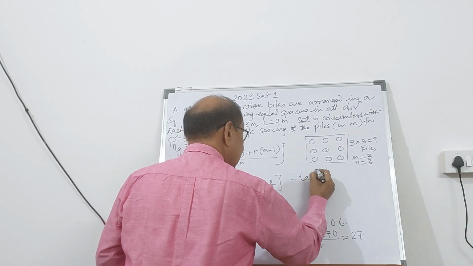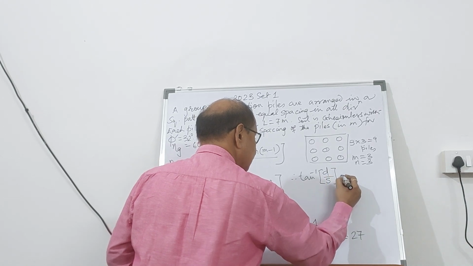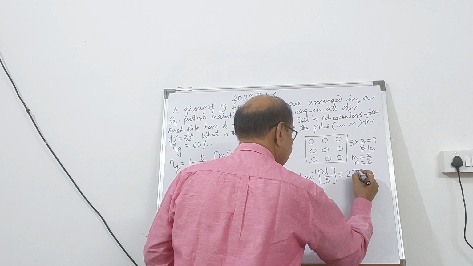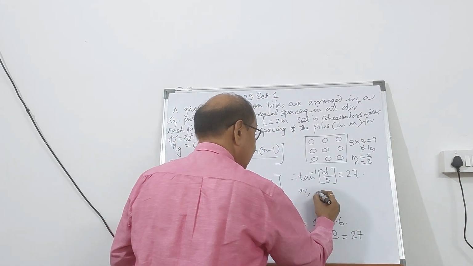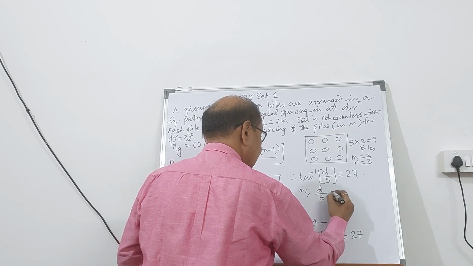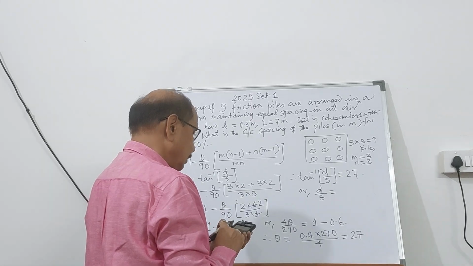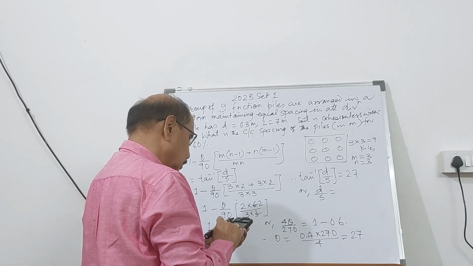Therefore, tan inverse of diameter divided by center to center spacing equal to 27. Or you can say that d by s equal to tan 27, so we can calculate this value.